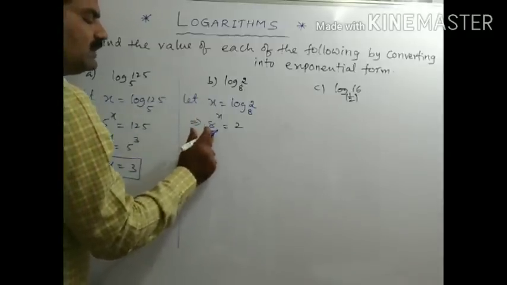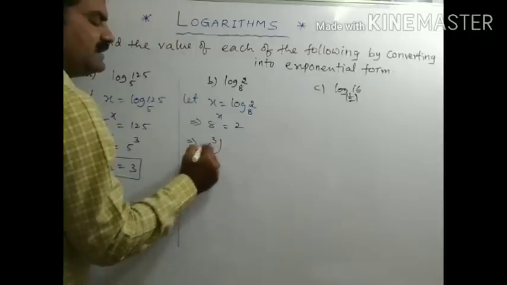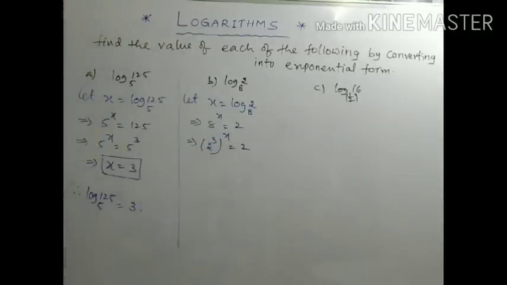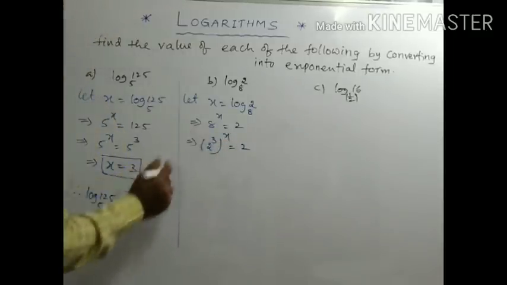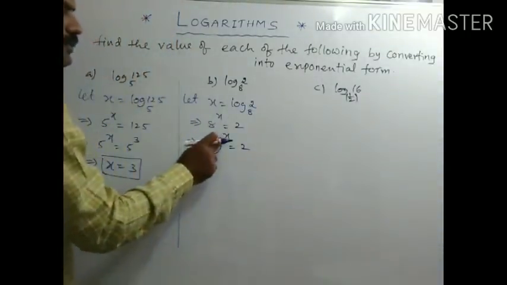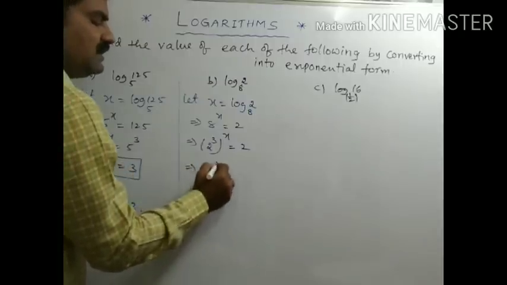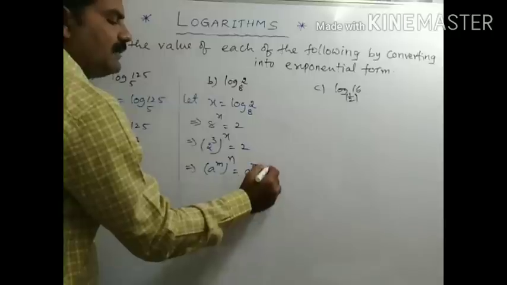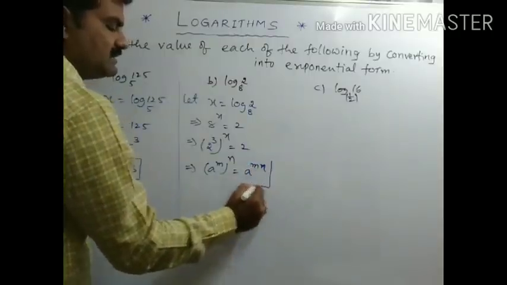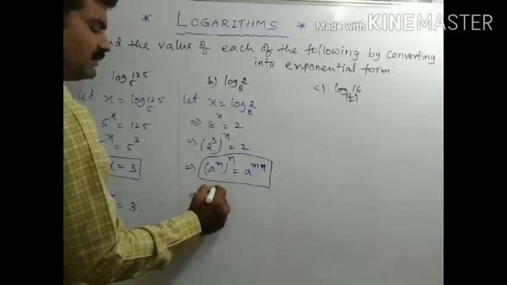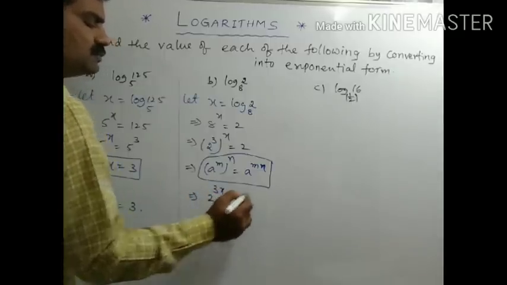Now what I want to do is, here 8, can I write it as 2 power 3, the whole power x, which is equal to 2, isn't it? 2 cube is 8. Now this is using the formula a to the power of m whole to the power of n, which is a to the power of mn. This is the formula I am using here. So from this I can say that 2 to the power of 3x is equal to 2.